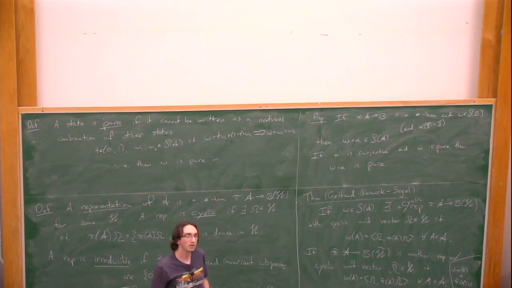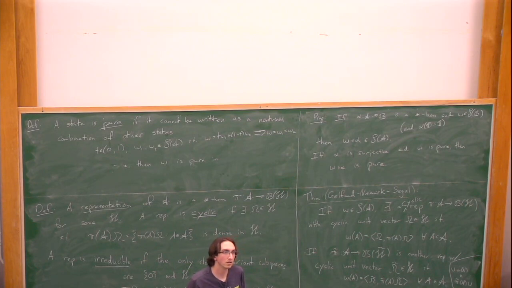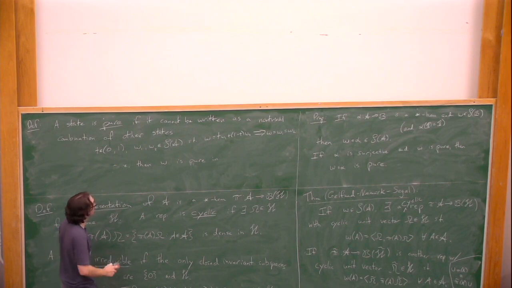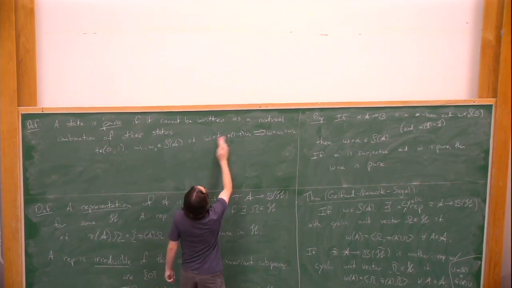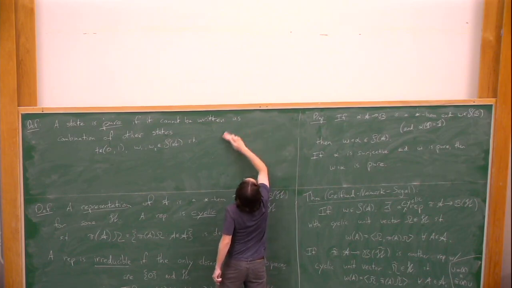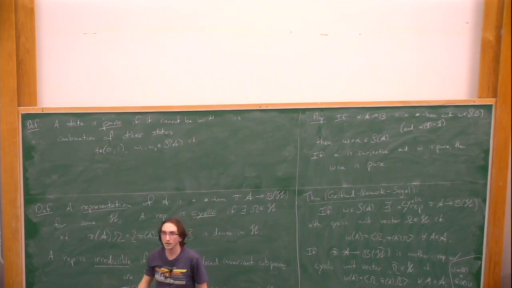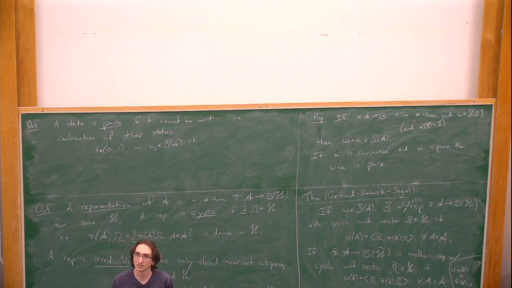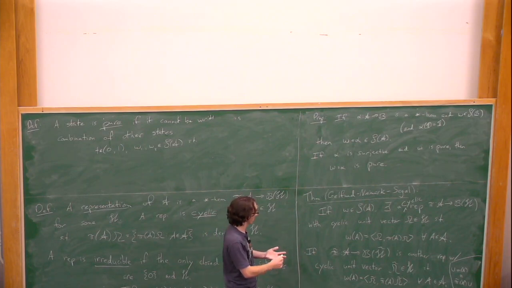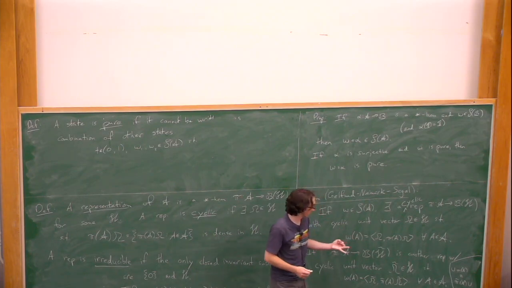Two cyclic representations that have the same vector. Sure. So the statement was, if you have two cyclic representations and they both have the same cyclic vector, then are they equivalent?